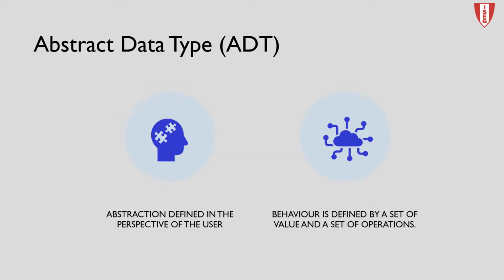An abstract data type describes the properties of its instances without commitment to their representation or particular operations. An abstract data type is a mathematical model for data types. It may be defined as a class of objects whose local behavior is defined by a set of values and a set of operations.